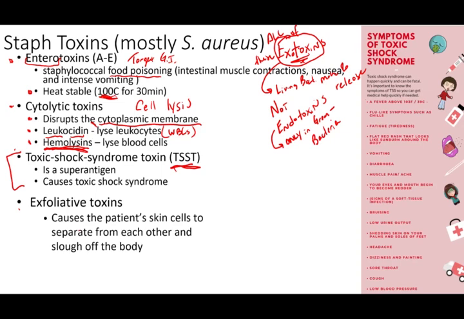And the signs and symptoms are listed over here. So there's a lot of things that are going on with toxic shock syndrome, and it's related to the production of this toxin that is what we call a superantigen, and all that means is our immune system is going to be overstimulated.